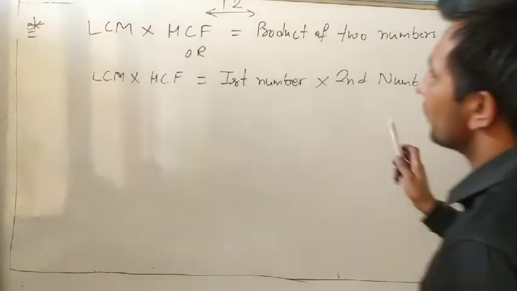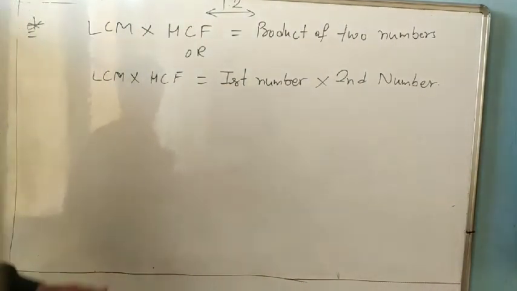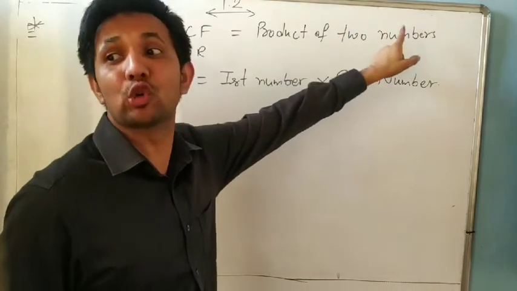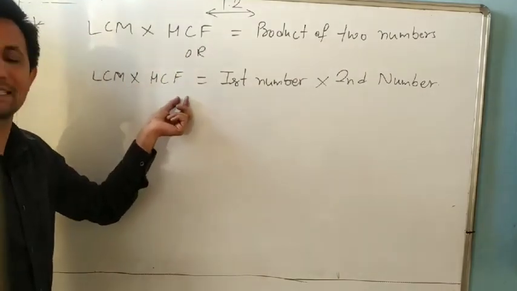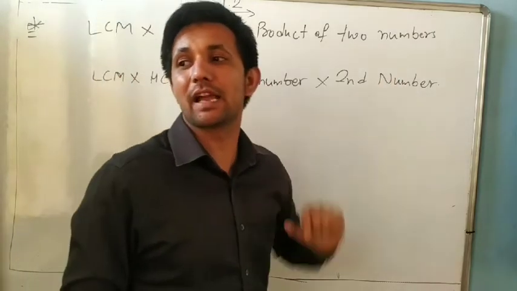Now we are discussing an important formula. It is very important. Always remember: LCM multiplied by HCF equals the product of the two numbers, or you can say LCM into HCF equals first number multiplied by second number.